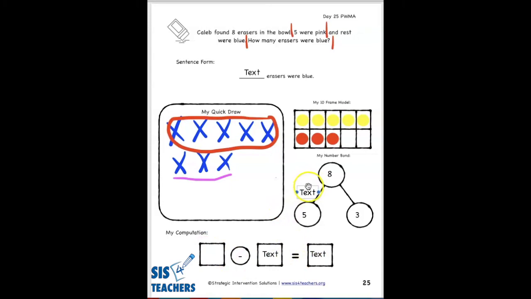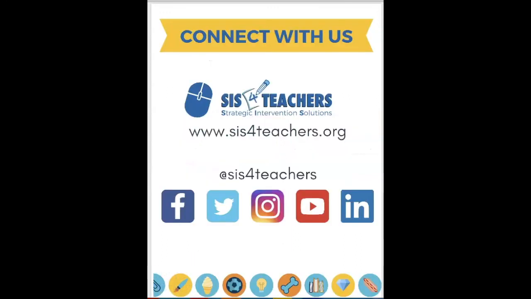So in this case, we started with 8, and we knew that 5 of them were going to be the pink erasers, and then the rest that were left is here. And so kids might not necessarily use subtraction to do that. They might look at the 8 and look at the 3 and the 5, so they can show how they're decomposing that, but they can put that into their number sentence as they're looking at the other part that they don't have. So obviously these are a little bit more complicated as you look at missing add-in.